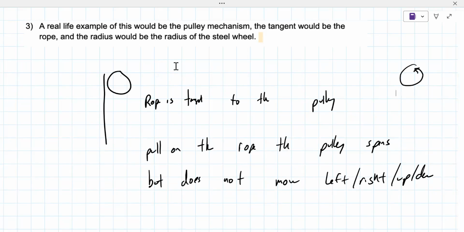So basically, you're explaining that the pulley doesn't move at all. It just rotates in place.